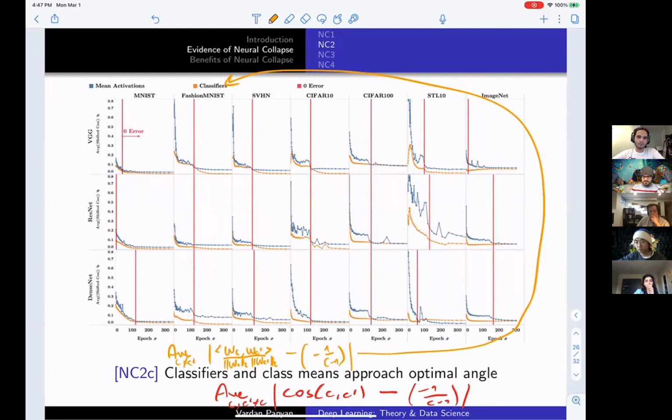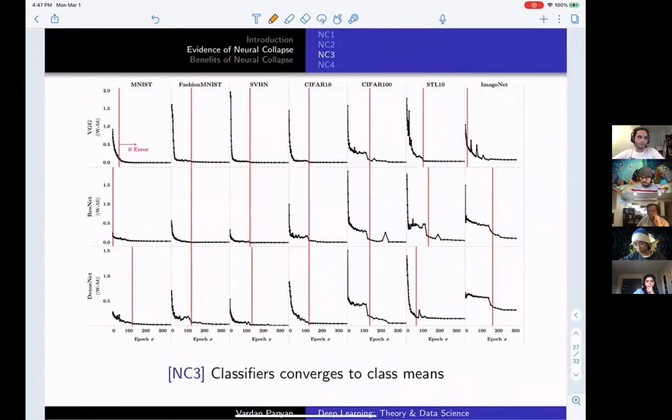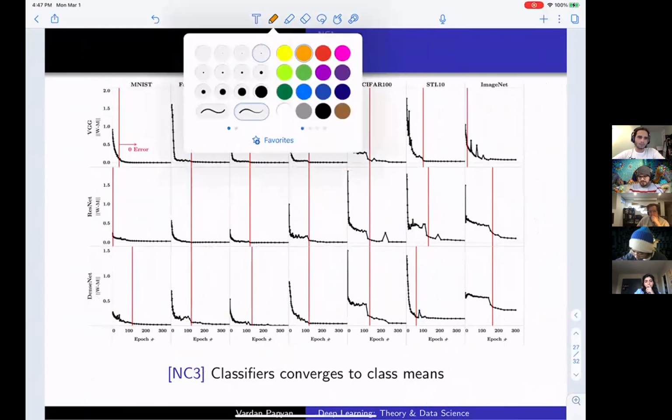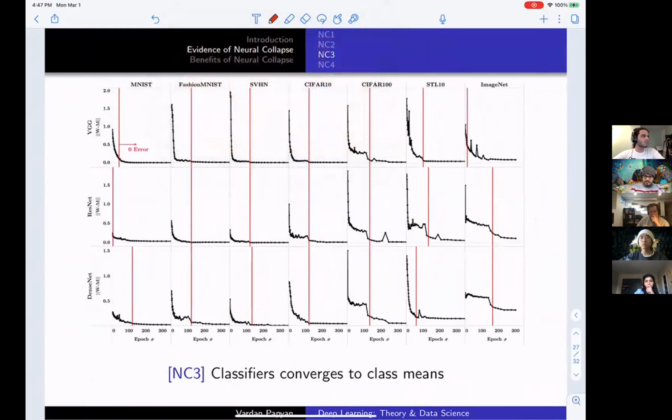And the same could be written for the class means, in which case you get the blue curves. Okay, so this plot is very simple. All it measures is the self-duality. What is self-duality? Self-duality is W minus M, W transpose minus M, where we're dividing by the Frobenius norm of each matrix.